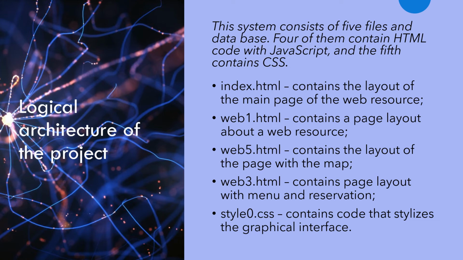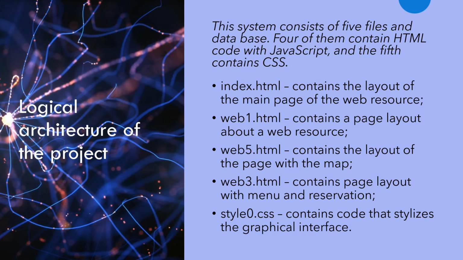Logical architecture of the project. This system consists of 5 files and a database. 4 of them contain HTML code with JavaScript and the 5th contains CSS. Index.html contains the layout of the main page of the web resource.